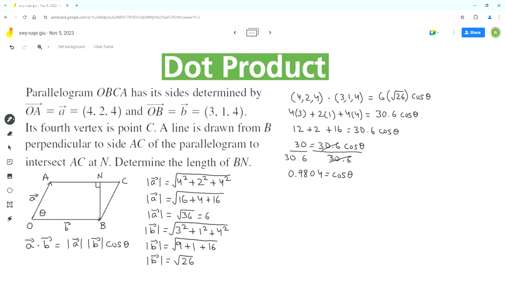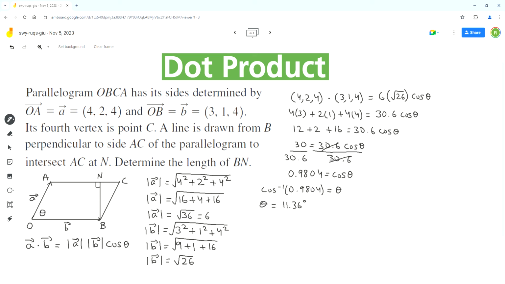Now we can do inverse of cos. And I get 11.36 degrees. So this is the measure of angle theta.